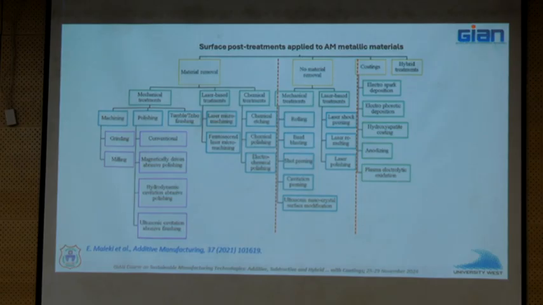How do you surface treat? There are many ways to do that. If you look at how they are classified, generally people talk about techniques that involve material removal, and there are techniques that improve the surface attributes without removing material, correct?